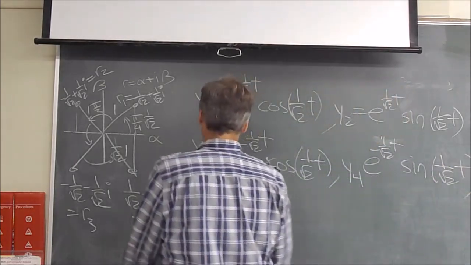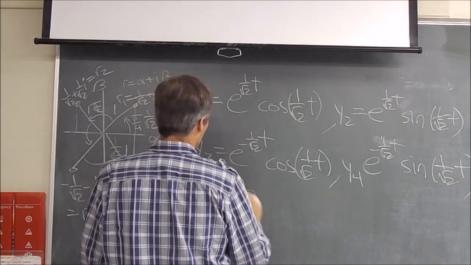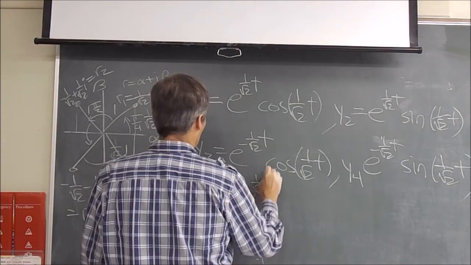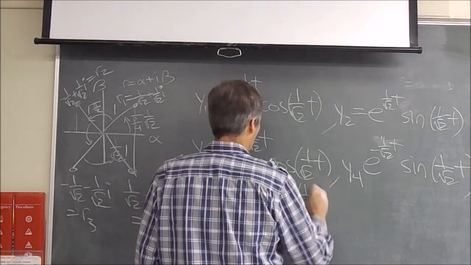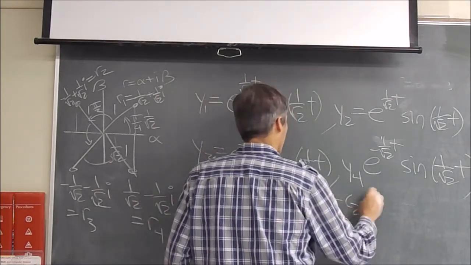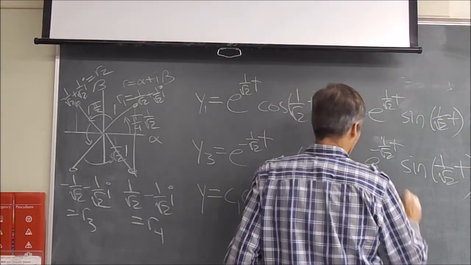The general solution is then y equals c1 times the first solution plus c2 times the second solution. This takes a long time to write, doesn't it?